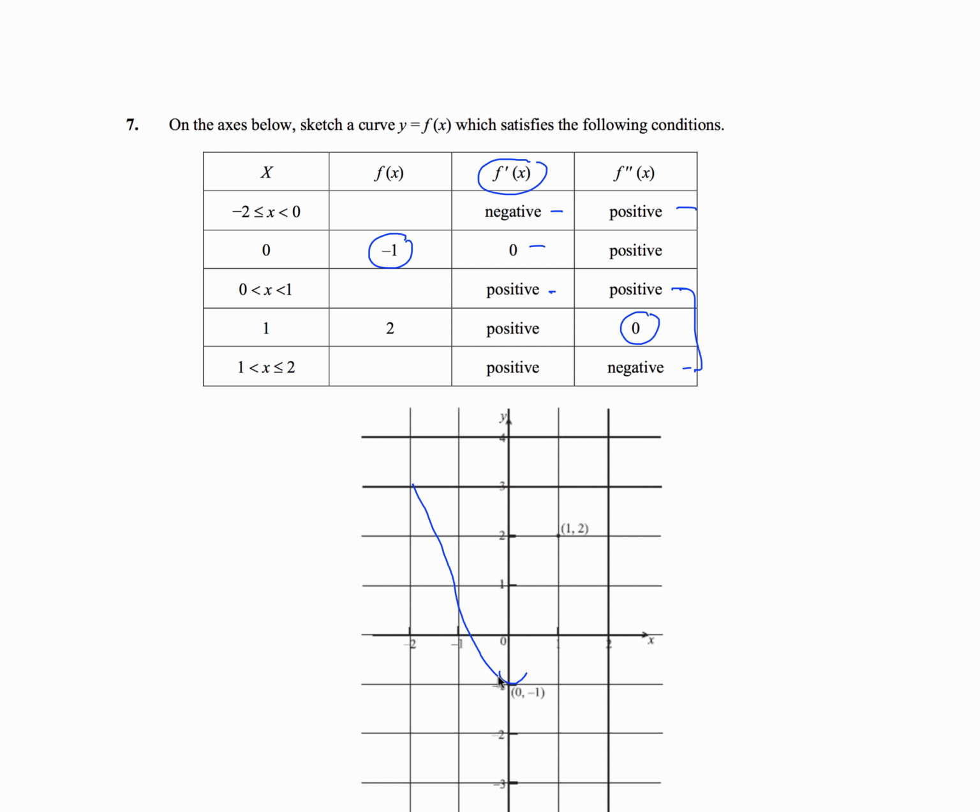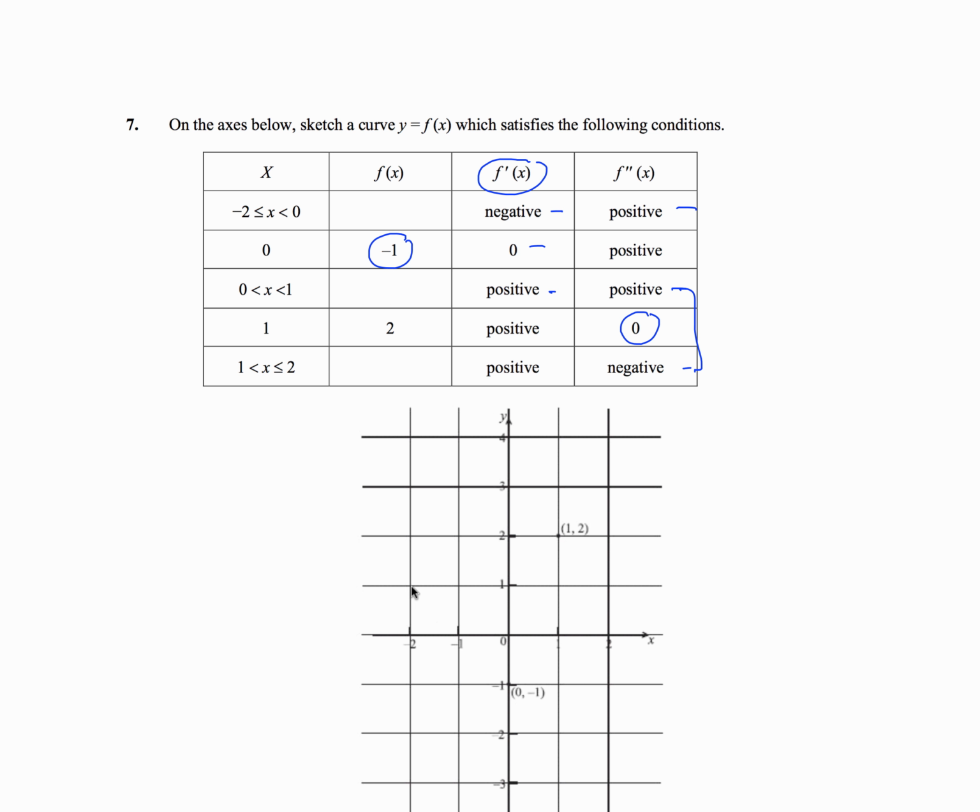All right, good. So I've got a minimum, concave up, concave up, concave up, and then concave down, but I'm increasing. All right, so this is a terrible job. Let's try it again.